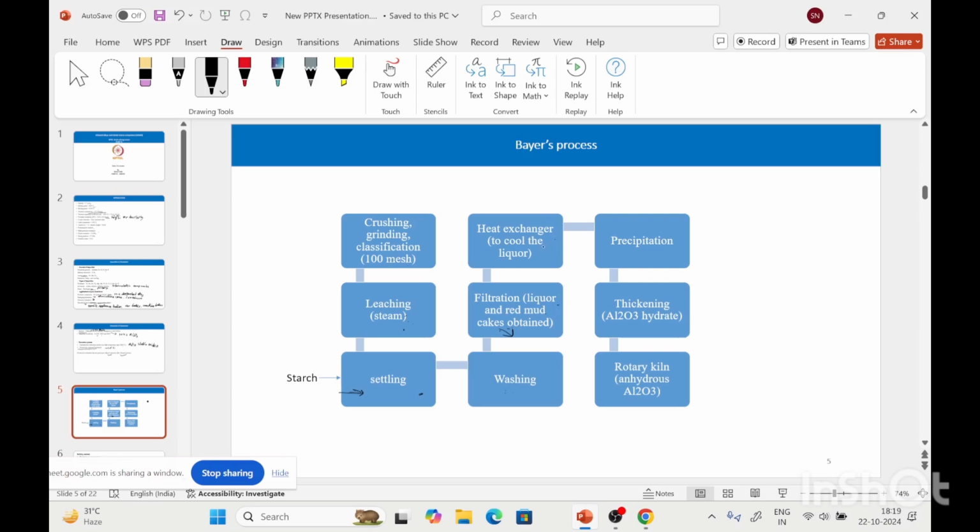In the heat exchanger, the hot liquor is cooled to a lower temperature. Then that cooled liquor is fed to the precipitation. After the precipitation, the slurry is obtained.